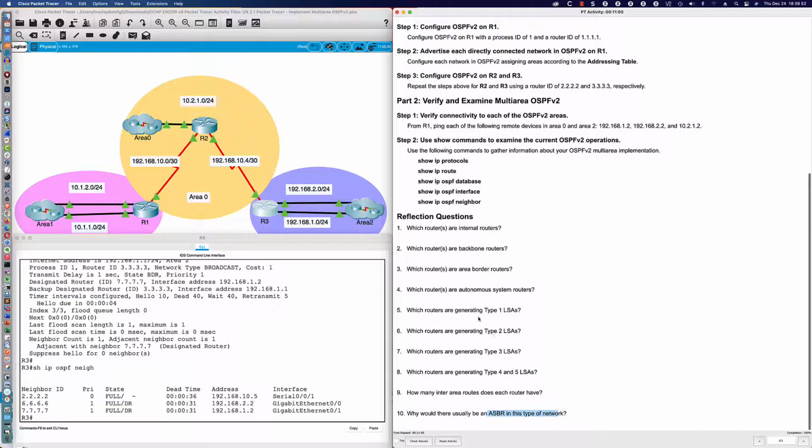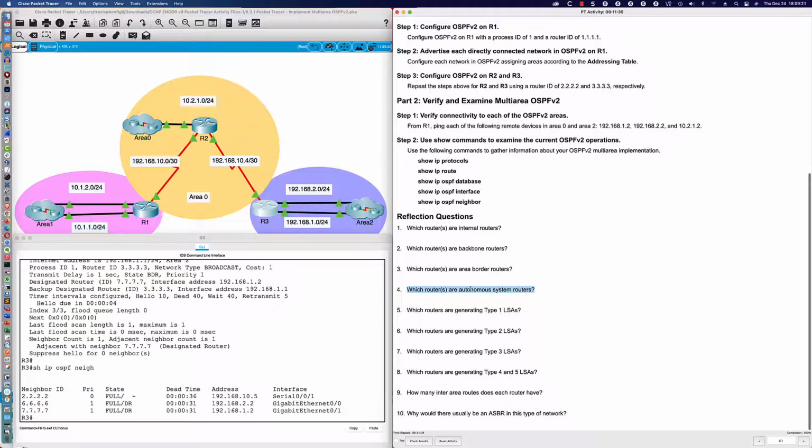So my reading of that question is which routers are in the OSPF routing domain, the OSPF autonomous system. And it would be all routers, 1 through 9. Again, keeping in mind that there is no router 8, at least we don't see a router 8 in here. So 1, 2, 3, 4, 5, 6, 7, 9, those would be our autonomous system routers.